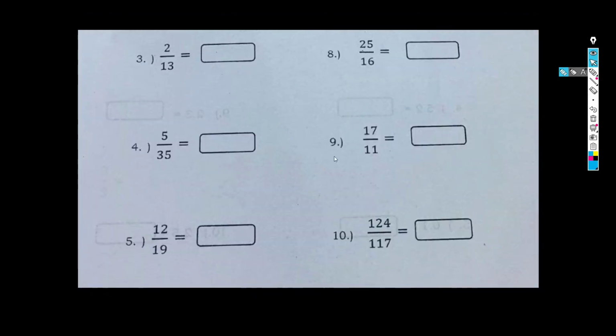Okay, number 3, 2 over 13. This one also, we just need to divide it. 2 divided by 13. So 2.0 here, point here, put a 0 here. This will be 1 times 13 is 13. 7 here, put another 0.